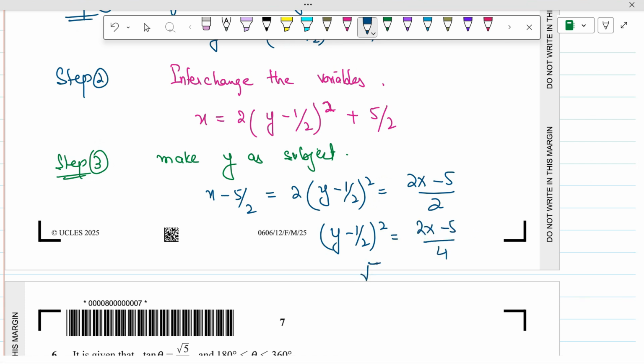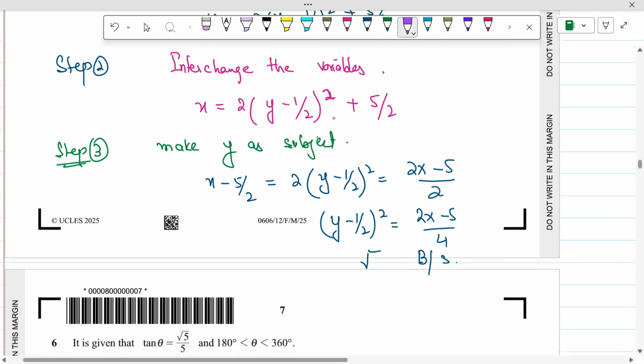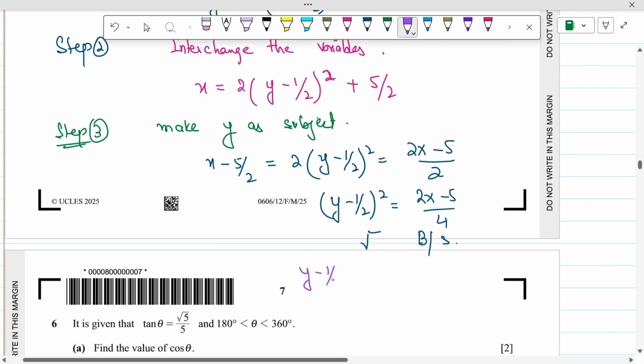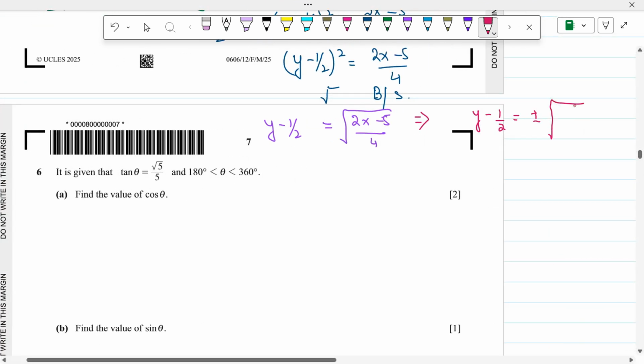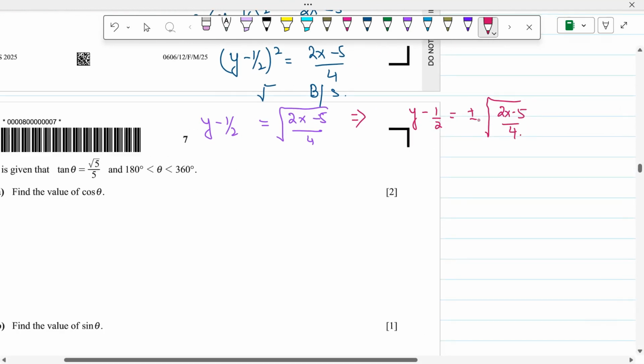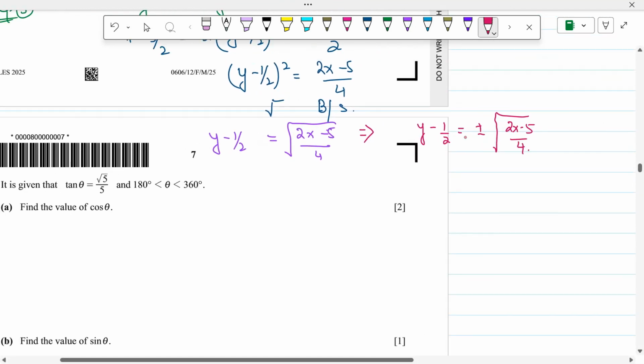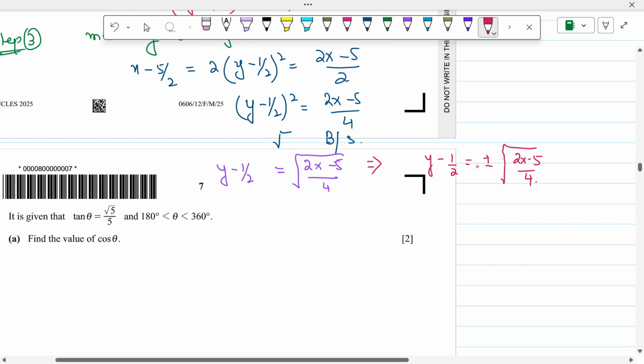Square root both sides. So we will have y minus half equal to plus or minus the square root of (2x minus 5) over 4. You can see that we have two values of the square root, so which one will be considered?